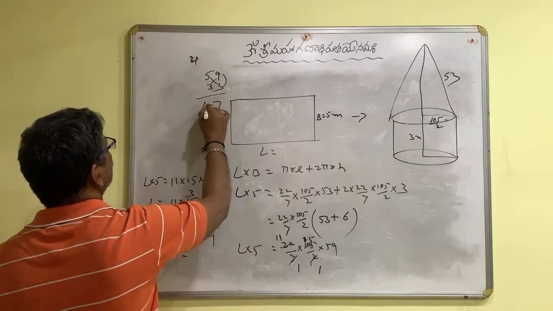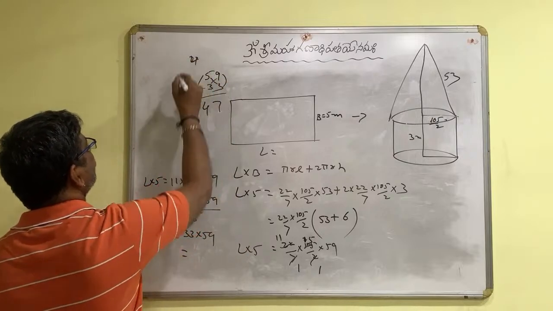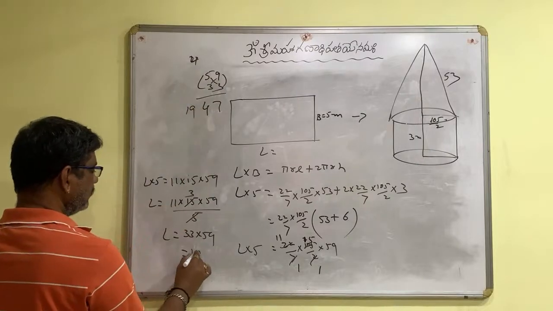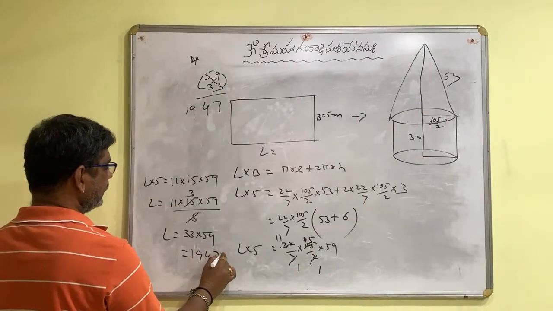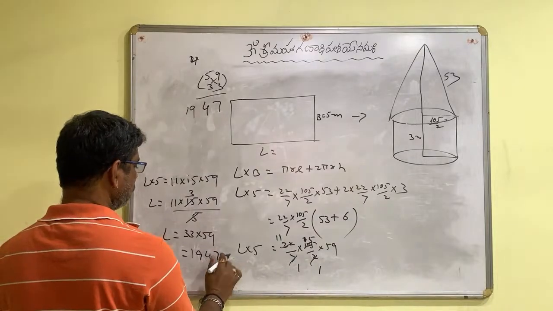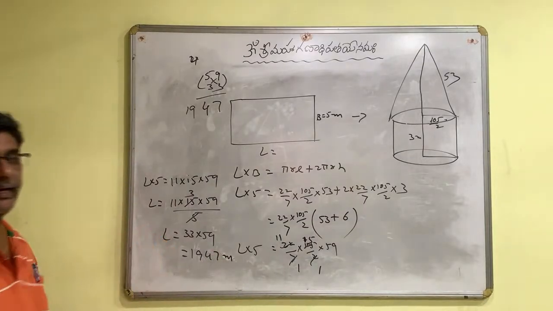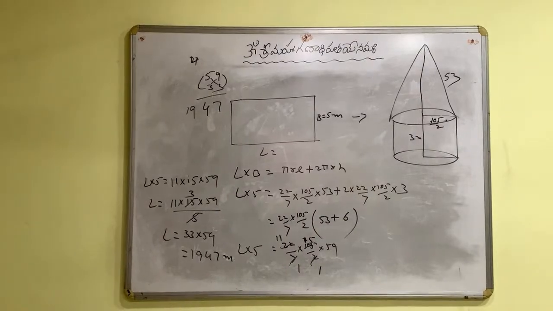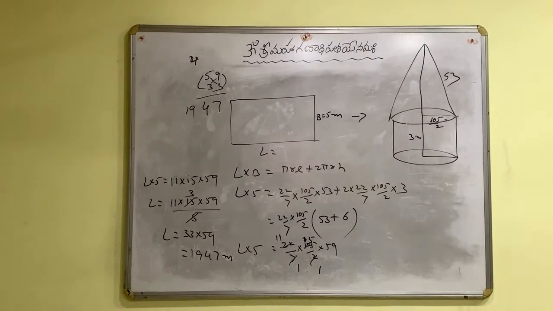Answer 1947 meters. 1947 meters of cloth is required to make a tent which is in the form of a cylinder and conical above it. Okay children?